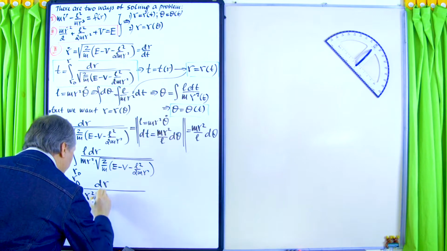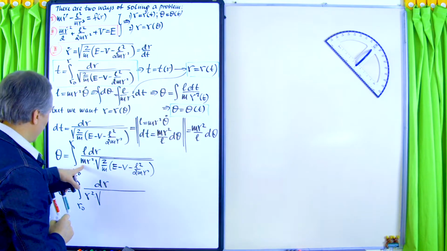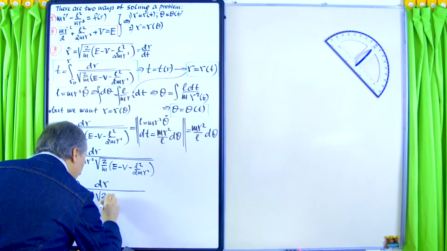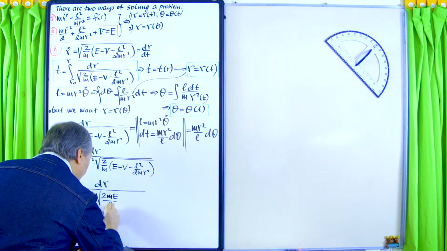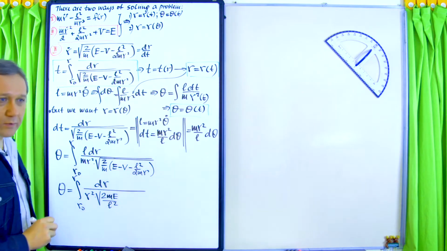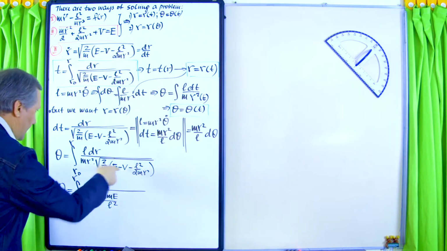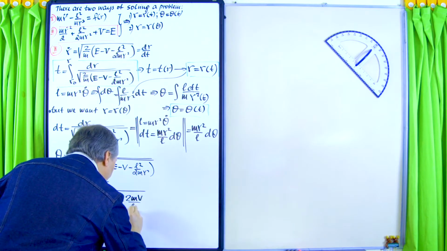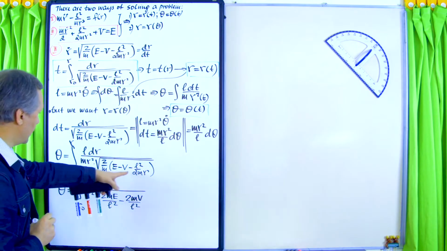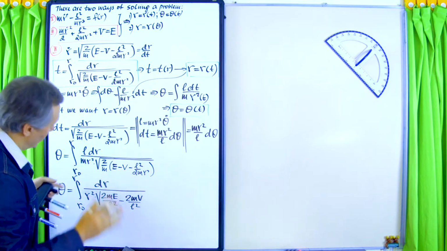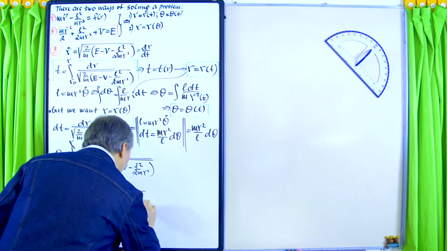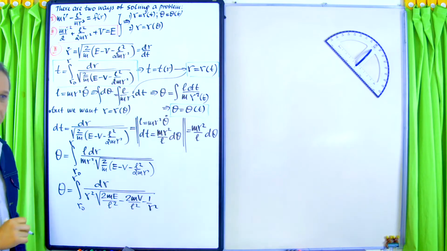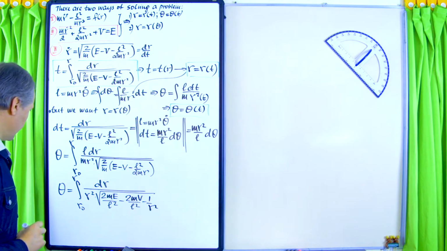Then the square root of m will go inside as m squared, so it will be in the denominator: 2mE over L squared. This L will go downstairs. The same with V: minus 2mV over L squared. And here 2 gets cancelled, m disappears, so it will be just minus 1 over r squared. And I can close my square root sign. Looks correct.